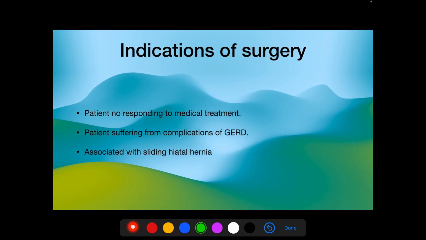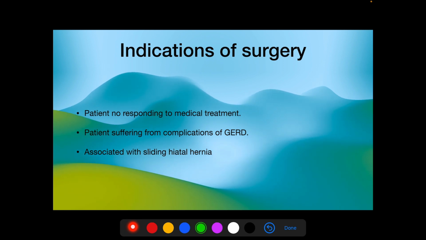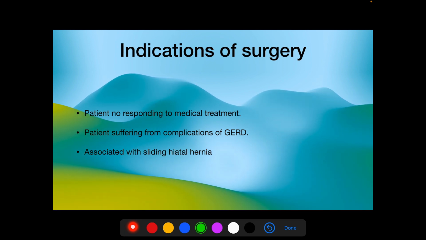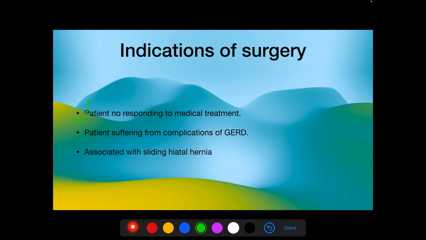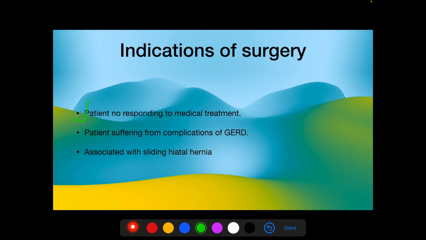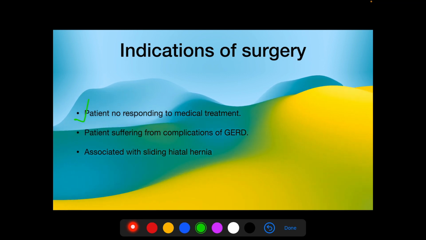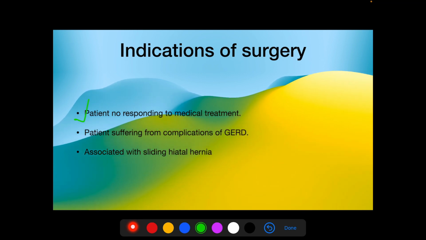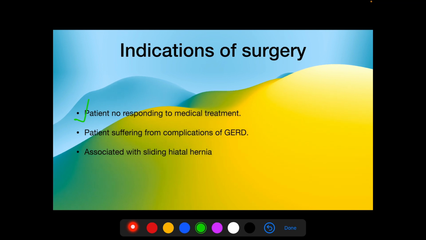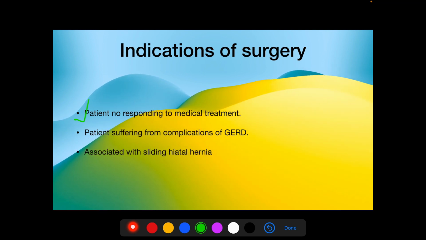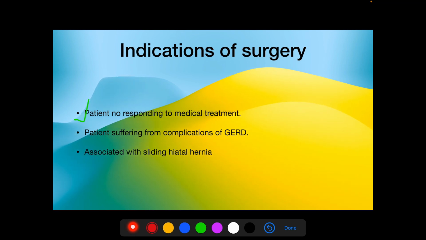Now, surgery is also performed in patients who are not responding to medical treatment, as well as patients suffering from complications of GERD, which we'll see later, as well as those associated with sliding hiatal hernia. Many patients are on PPIs for a longer period of time, but GERD does not resolve.